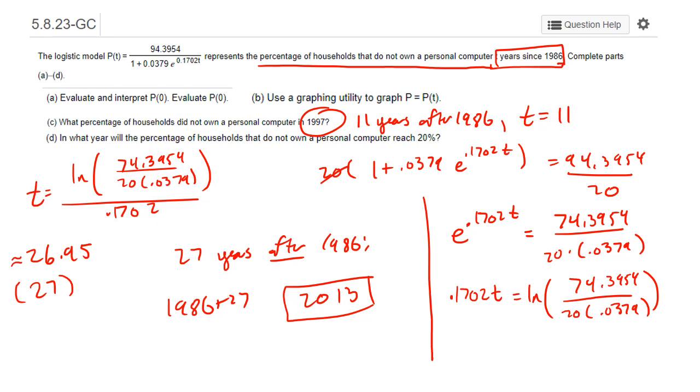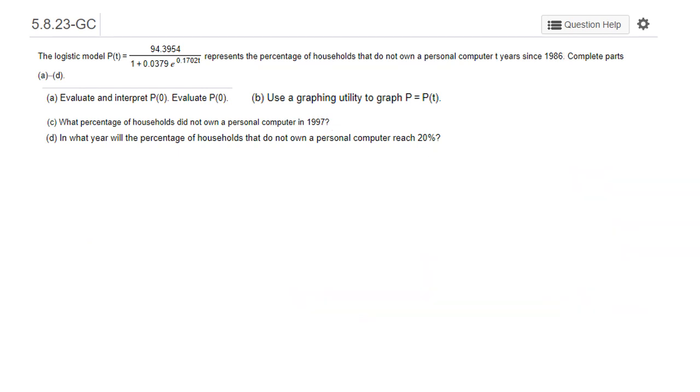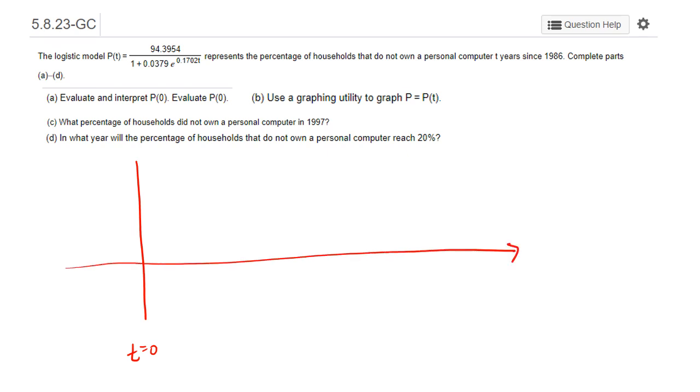Okay, so the function looks something like this. So we've already found that at t equals 0, the result was 90 point something.